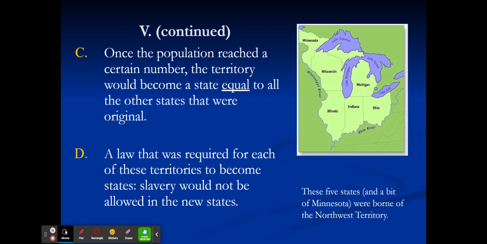So basically, the Northwest Ordinance said you can become a state and be treated equally to the other states, but slavery will not be allowed in your state when you join us. So that's really important. The Northwest Ordinance stated that any new state joining from that territory could not allow slavery.